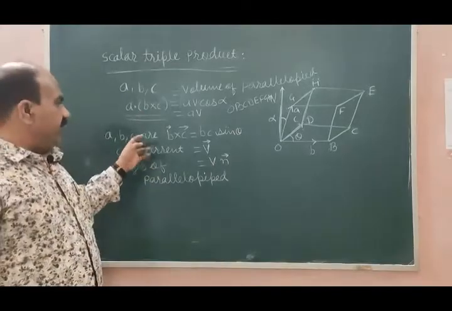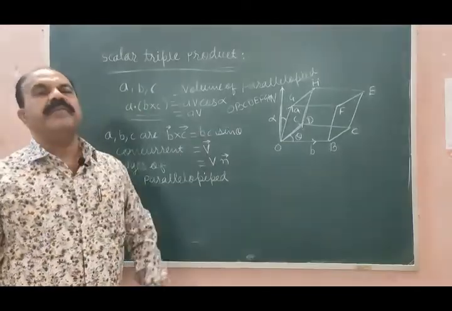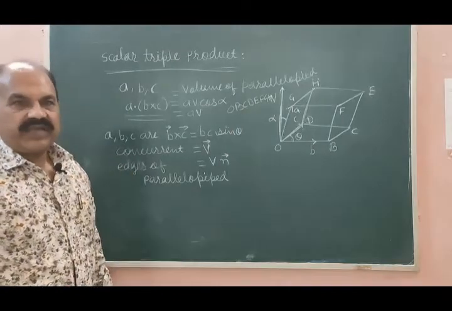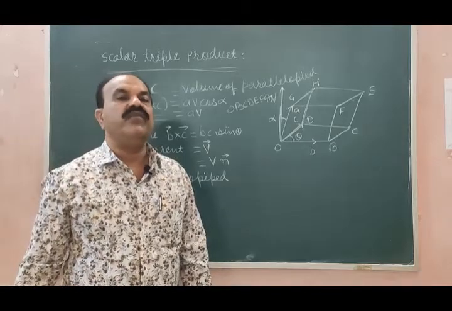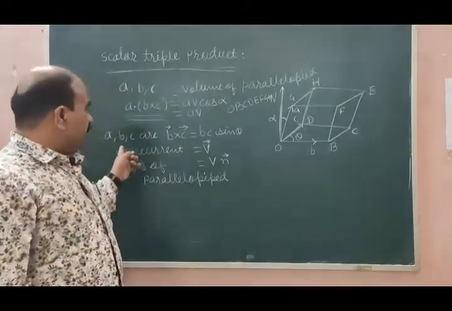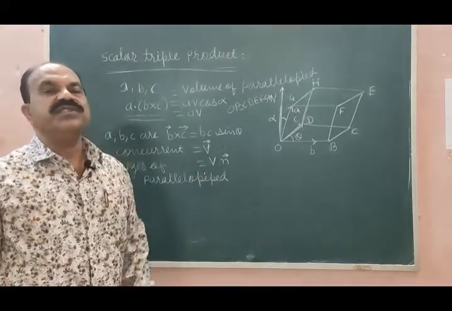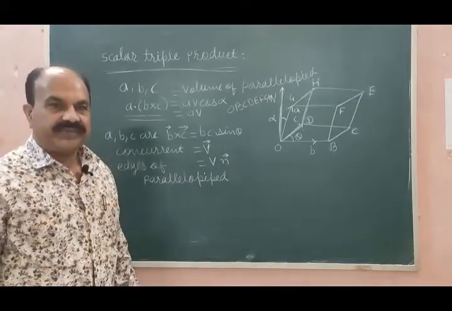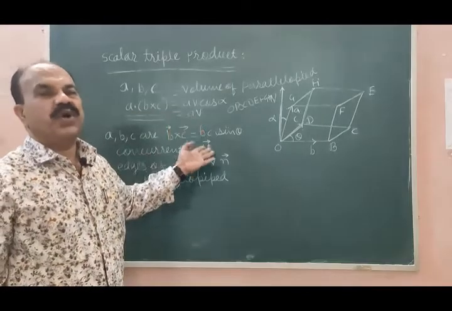Vectors A, B and C are concurrent edges of this parallelopiped. So volume of the parallelopiped can be found by using the concurrent edges A, B, C of this parallelopiped, which is a scalar triple product.